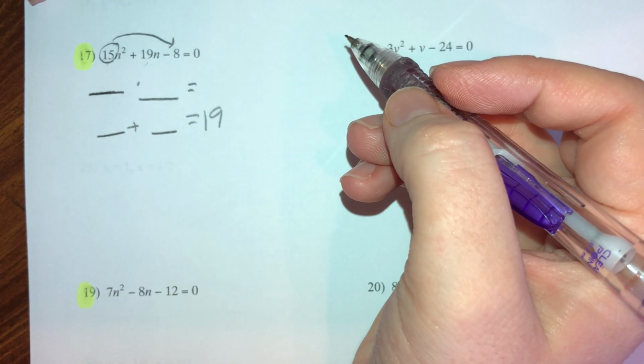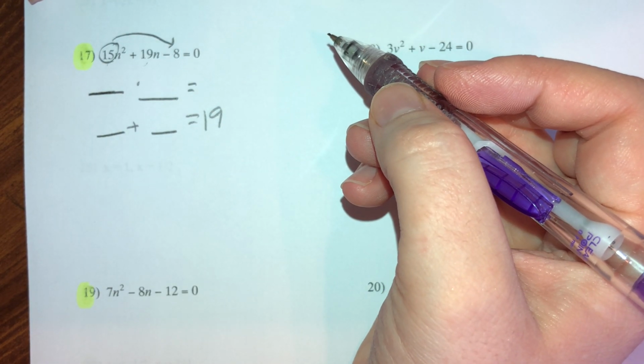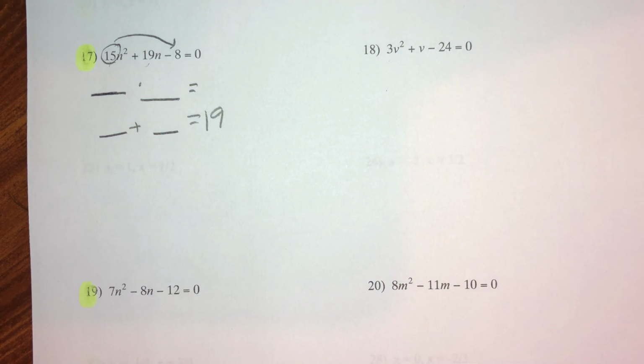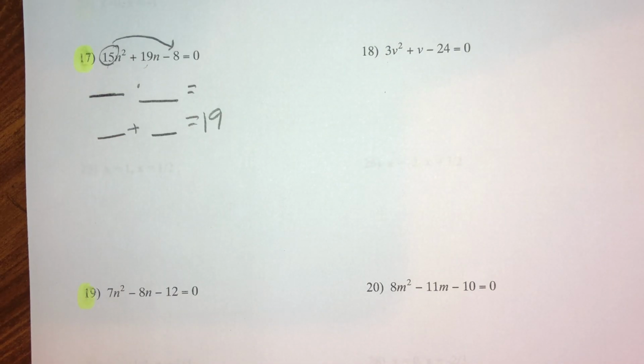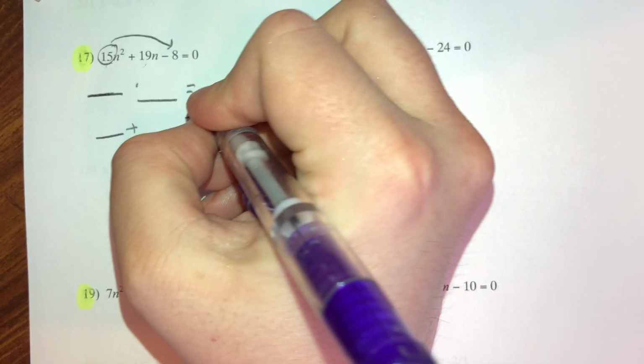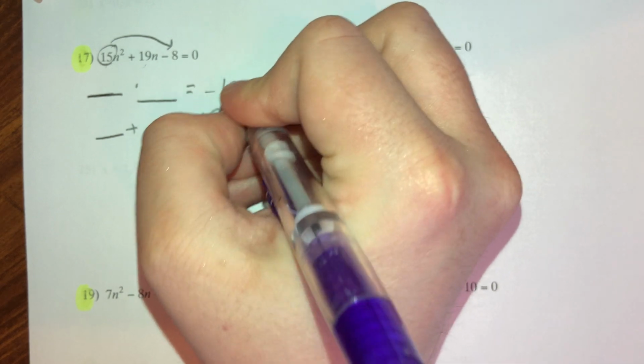Okay, so let's see, 15 times -8. Let me grab a calculator real quick. You probably already have your calculator in front of you, so maybe you already have it multiplied out. But hang on just a sec, sorry. All right, so 15 times -8 should give us a -120.